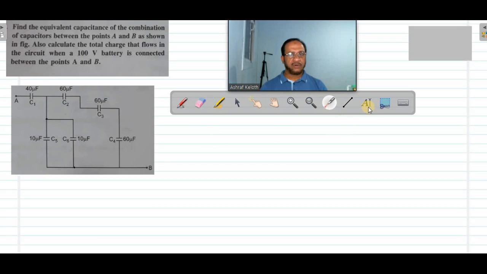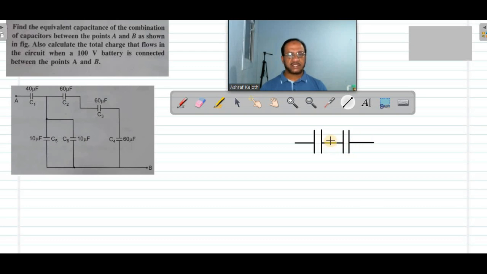And as I told you before, if two capacitors have only one of their plates interconnected, they are a series combination. If we have two capacitors like this, with one plate of each interconnected without a junction, it is a series combination, and this point can be connected to a battery or a cell or any other junction.